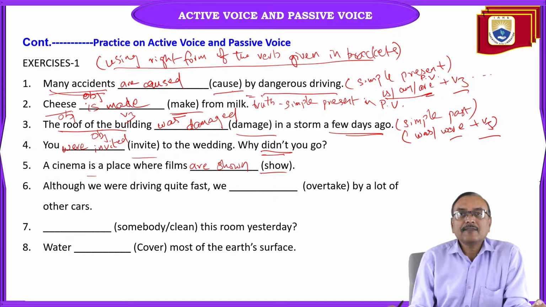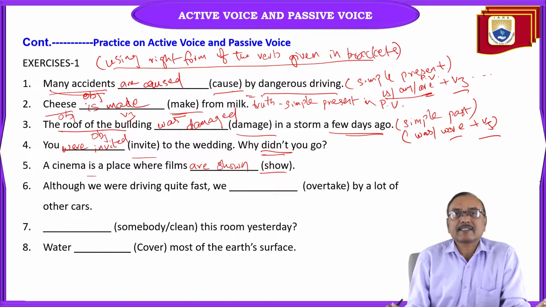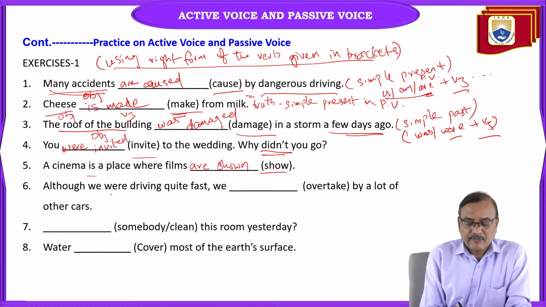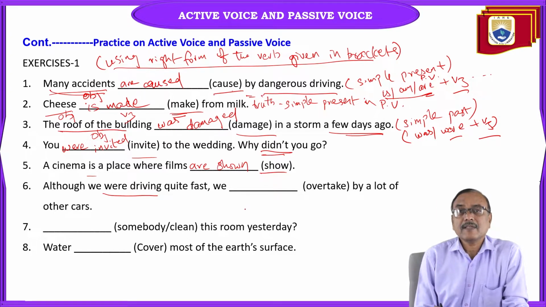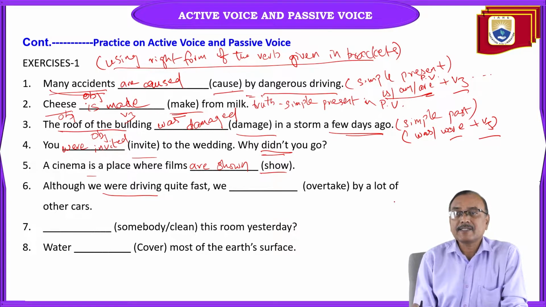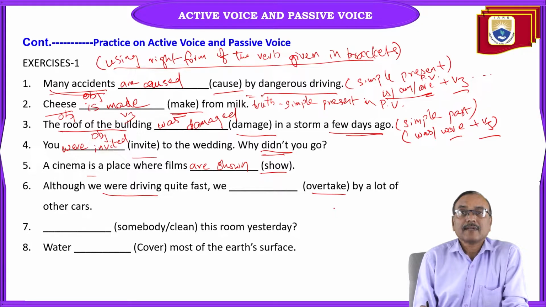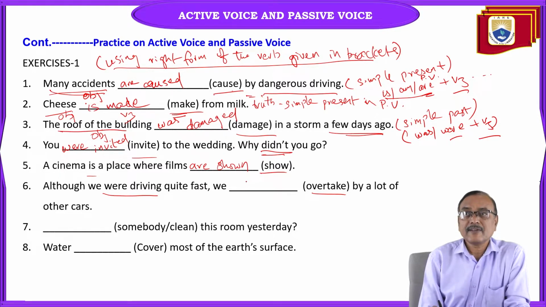Next. Although we were driving quite fast, is it continuing now? No. We were driving quite fast. Past tense. Although we were driving quite fast, we dash overtake by a lot of other cars. It happened in the past. Past means were plus V3 form.